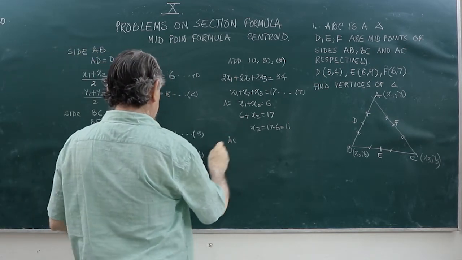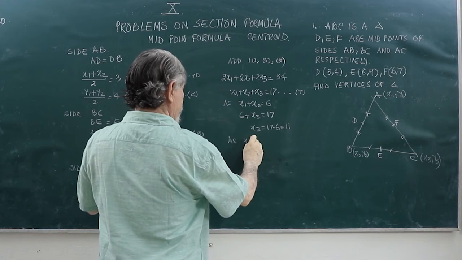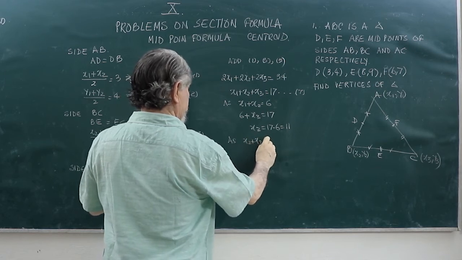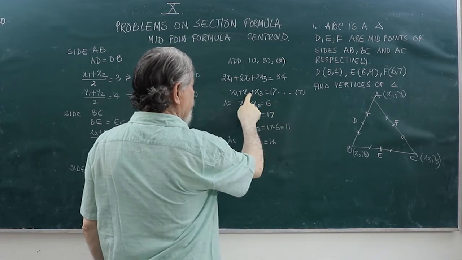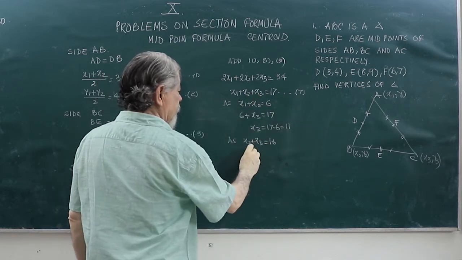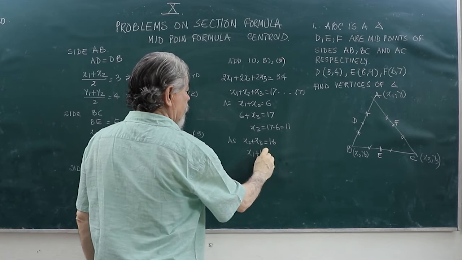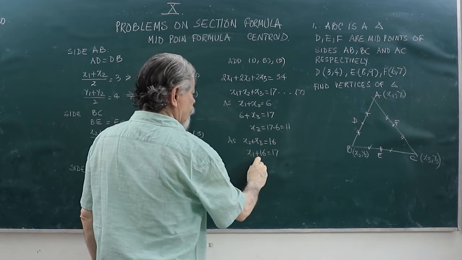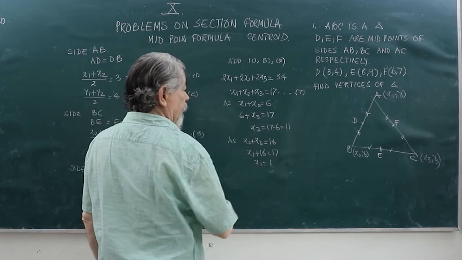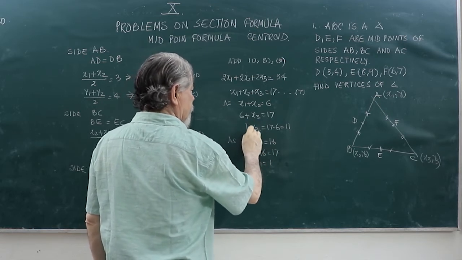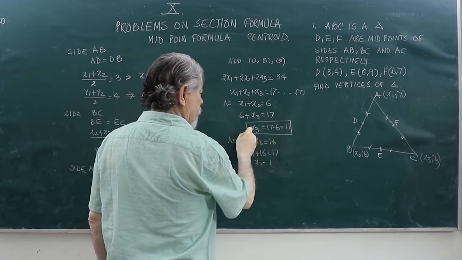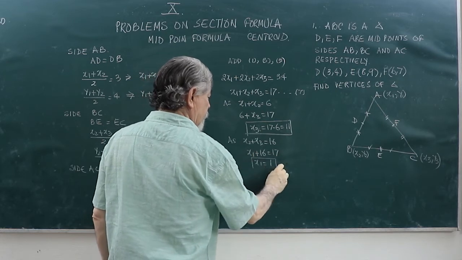Next, x2 plus x3 is how much? 16. So in the 7th equation I'll put the value 16 in place of x2 plus x3. So x1 plus 16 is 17, so x1 will come out to be 1. x3 has come out to be 11 and x1 has come out to be 1.